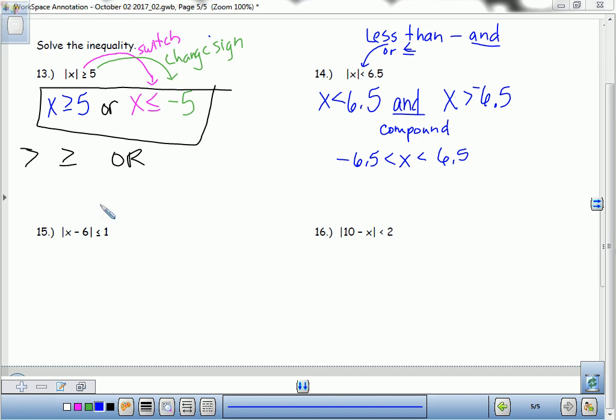Okay, so this is a less than. So will it be an and or an or? And. This is a less than. And or? And. Okay, so on this one, first one stays exactly the same. Second one, we switch the inequality and the sign.